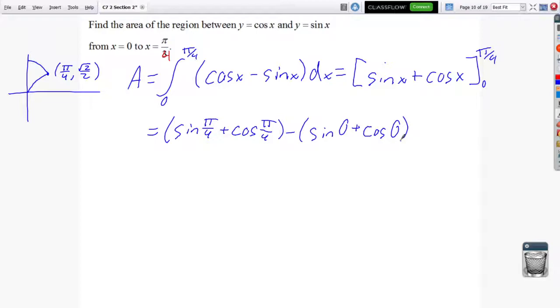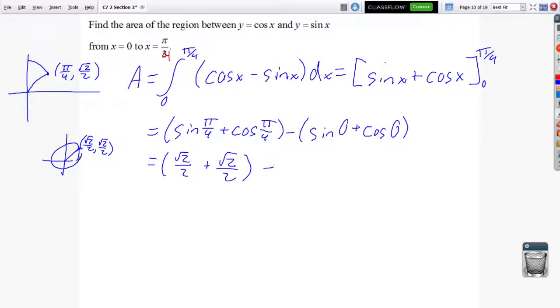I happen to know from my unit circle, pi over 4 right up here, that's the symmetric one, (root 2 over 2, root 2 over 2). So sine of pi over 4 is root 2 over 2, and cosine of pi over 4 is root 2 over 2.